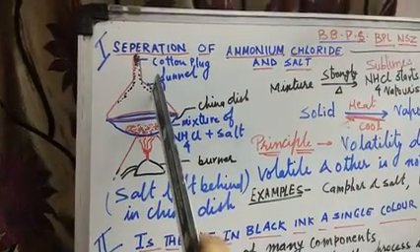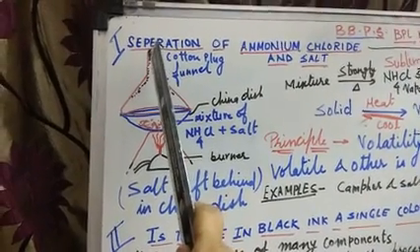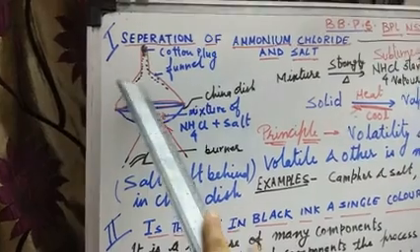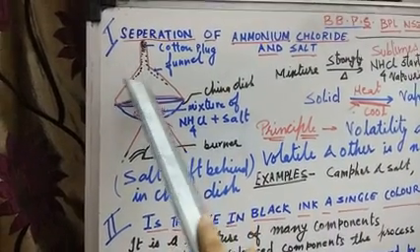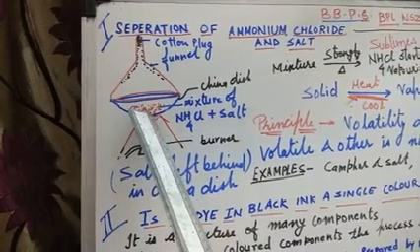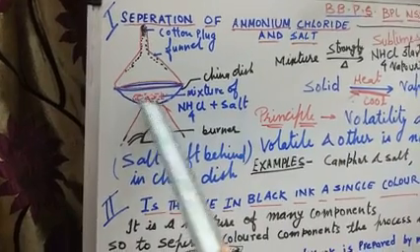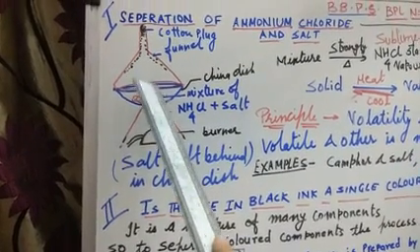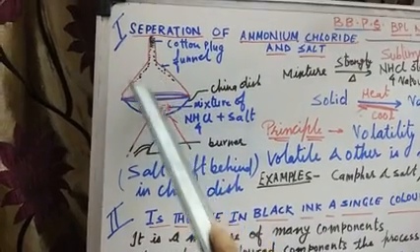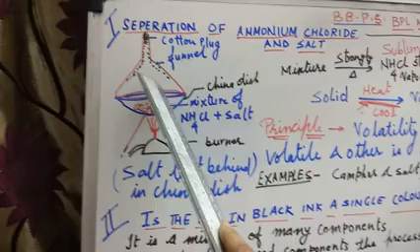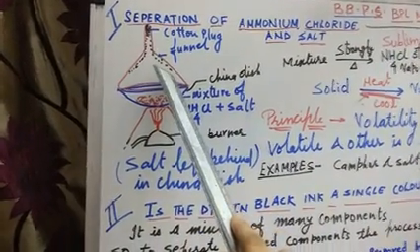The gaseous ammonium chloride is converted back into solid form, and that solid gets deposited on the walls of the funnel. In this way, the two components can be separated. The salt, which is non-volatile, remains in the china dish, while the ammonium chloride, which shows sublimation, gets converted into gaseous form and is deposited on the cooler walls of the funnel.